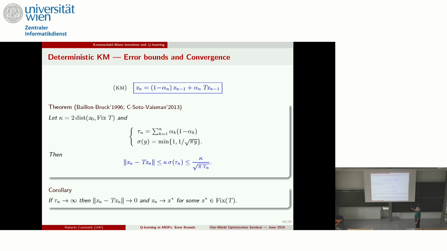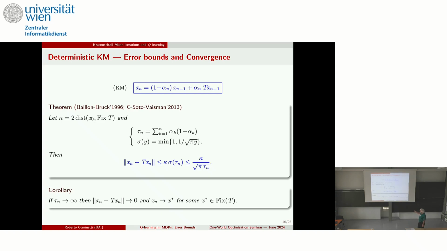Let's call tau_n the sum of alpha_k(1 minus alpha_k) up to n. I'm assuming that this tau_n goes to infinity. Let's introduce this function sigma of y, which I will use later. It's basically 1 over the square root of pi y, a real function where y is a real variable.